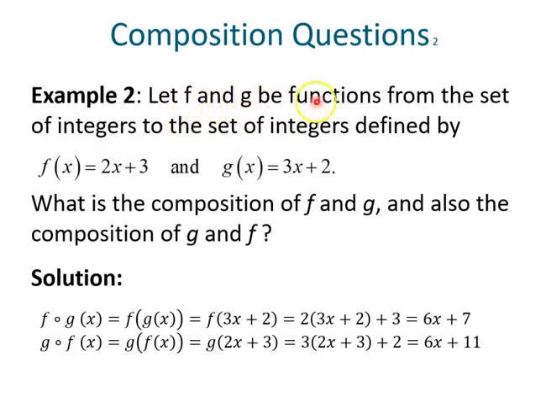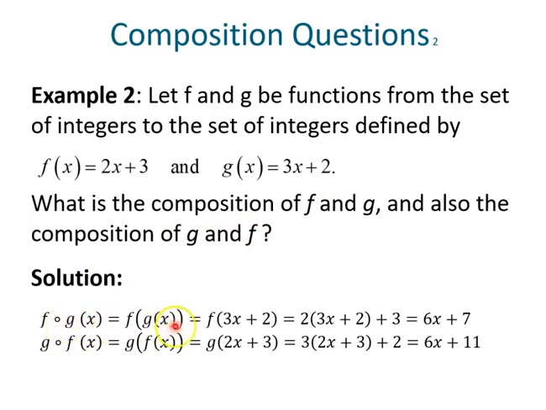Example: let f and g be functions from the set of integers to the set of integers defined by these two equations. For any integer x, f of x is 2x plus 3, and g of x is 3x plus 2. What is the composition of f and g, and what is the composition of g and f?